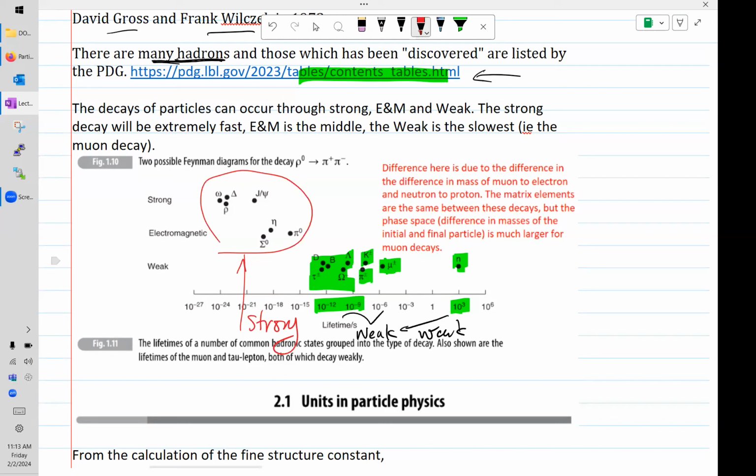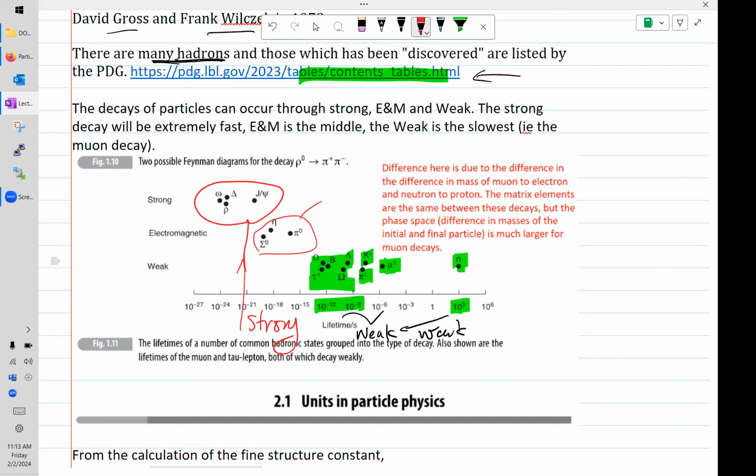Whoops, I circled too many things. A strong force decay, right? There are electromagnetic decays, which are the pi zero, the eta, and the sigma zero. Hopefully you see the pattern here also. The strong interaction has the largest coupling constant, around 1.